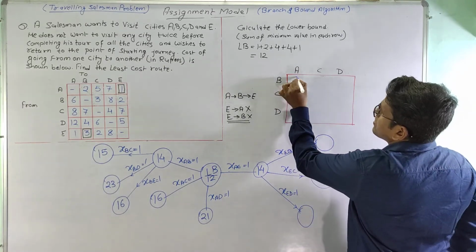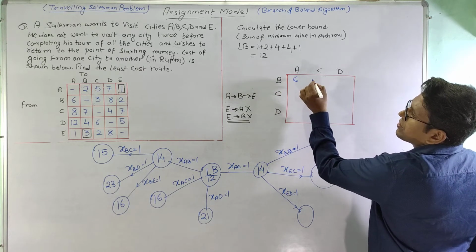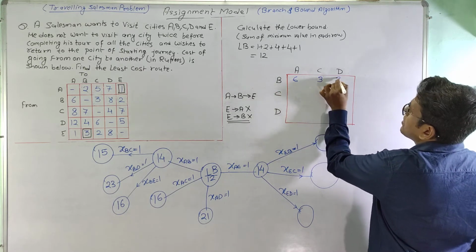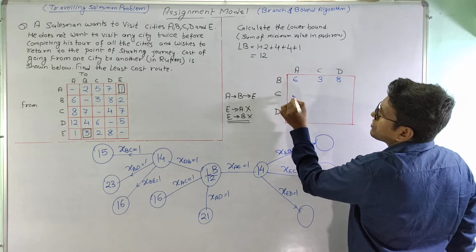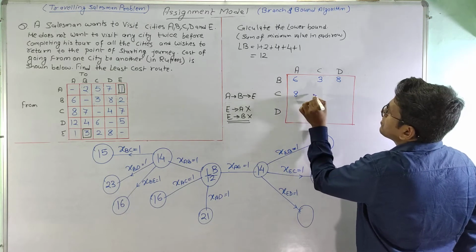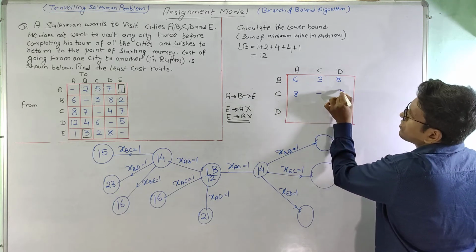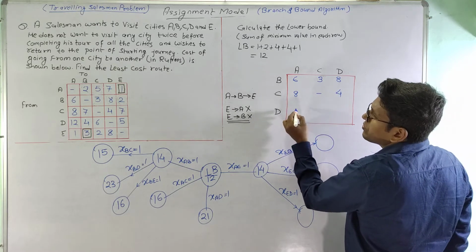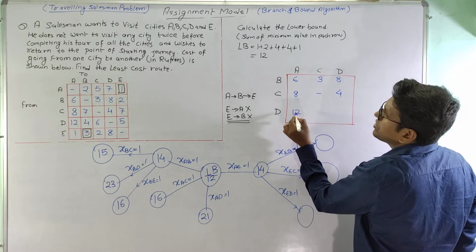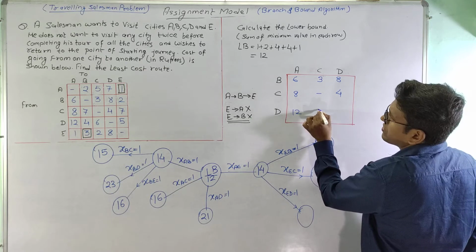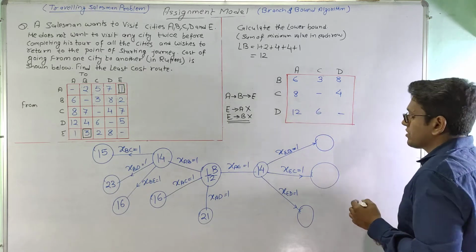B to A is 6, B to C is 3, B to D is 8, C to A is 8, C to C is dash, C to D is 4, D to A is 12, D to C is 6, D to D is dash.